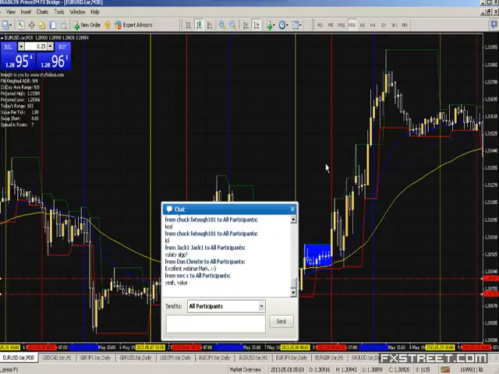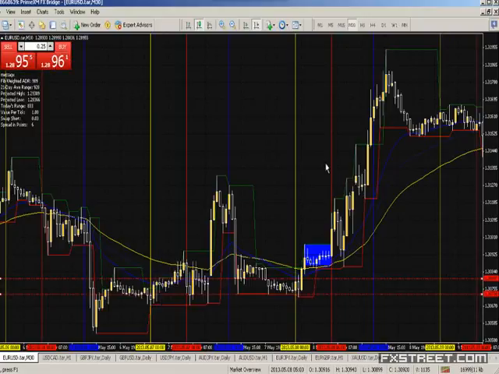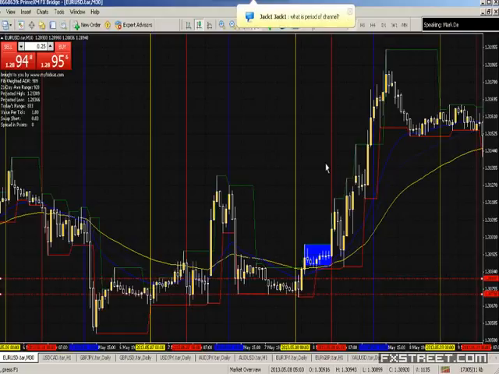What time is it? Should I open my trade? Should I remove the buy stop and sell stop? What is the breakout level that I should be monitoring? That's what it does. Okay, so anything else, guys?